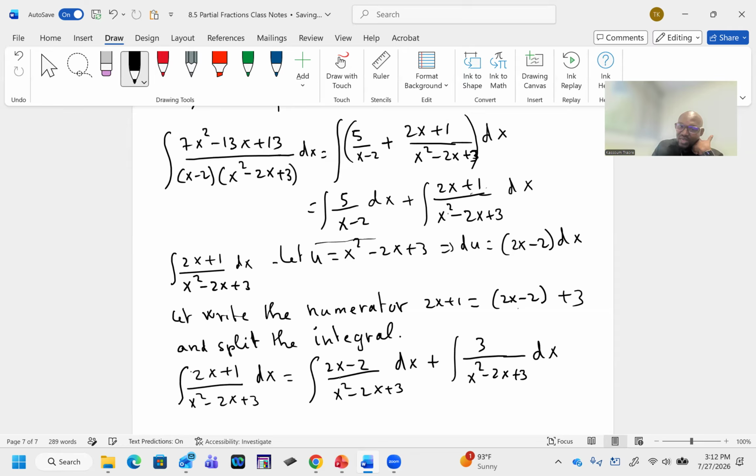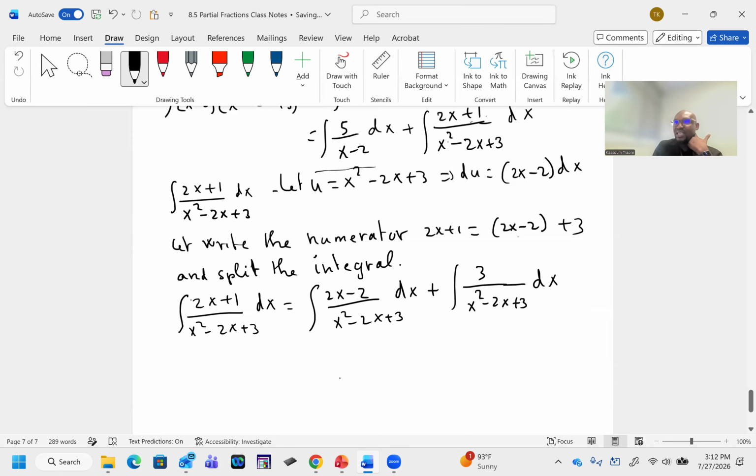You know, if I combine these two, because of the same denominator, negative 2 plus 3 will give me positive 1. So I still have the same thing.